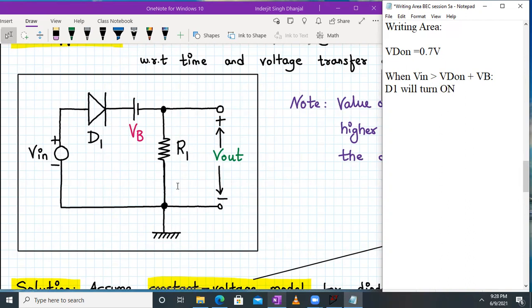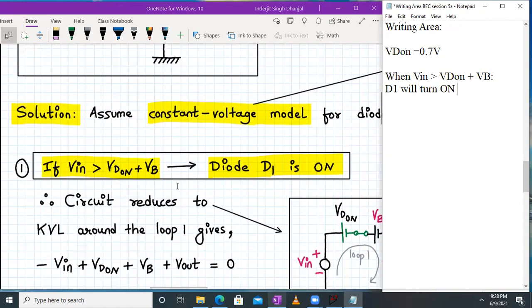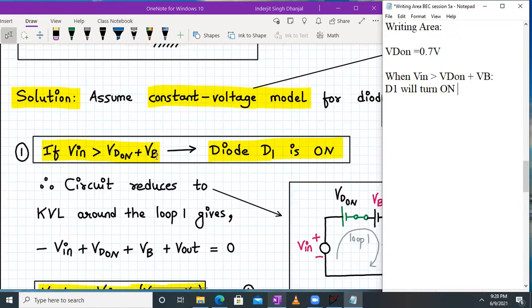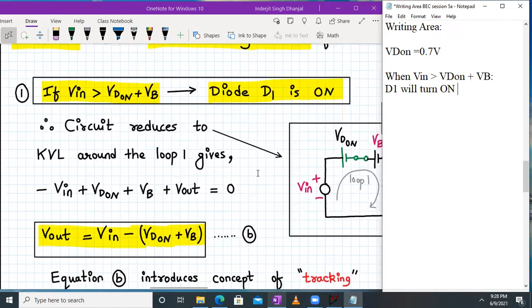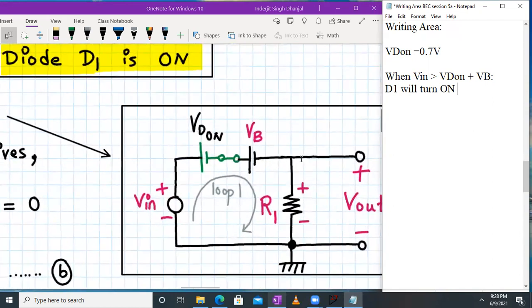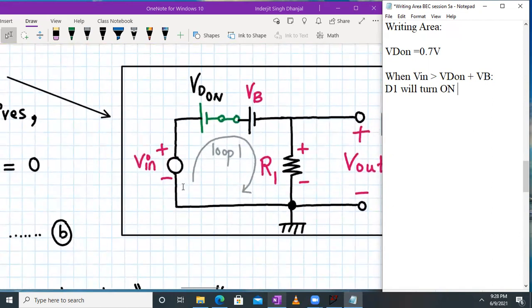During this point of time, what will be my output voltage? That is what we have to find. When V in is greater than VD on plus VB, diode D1 is on and our circuit is reduced to this network. Now look here carefully. We have VD on and the short circuit that is replacing the diode, and we have the external VB connected and V in also.